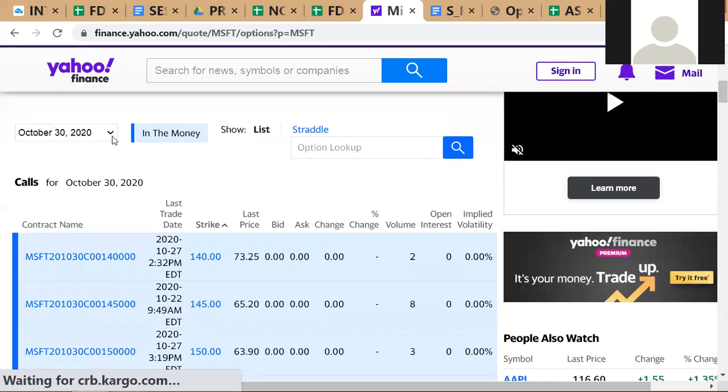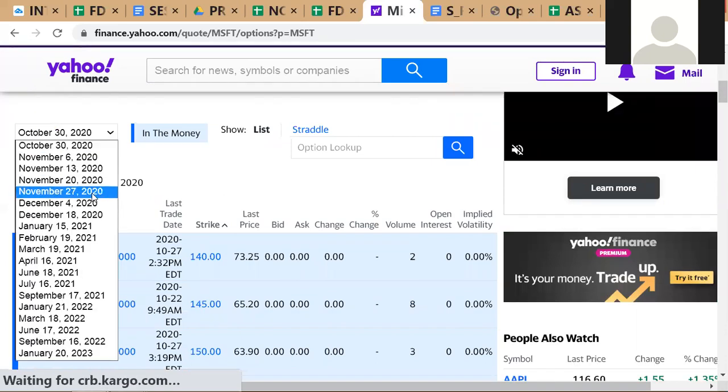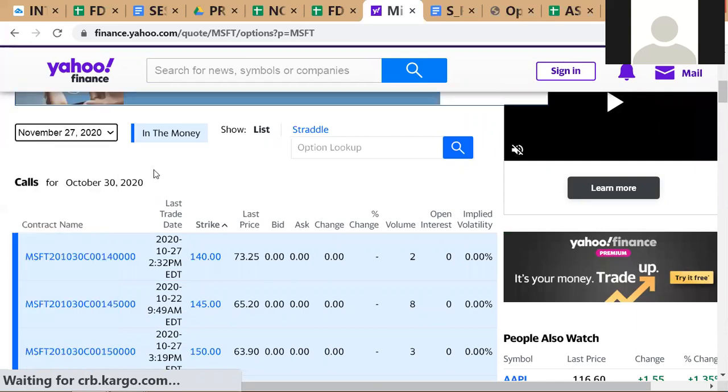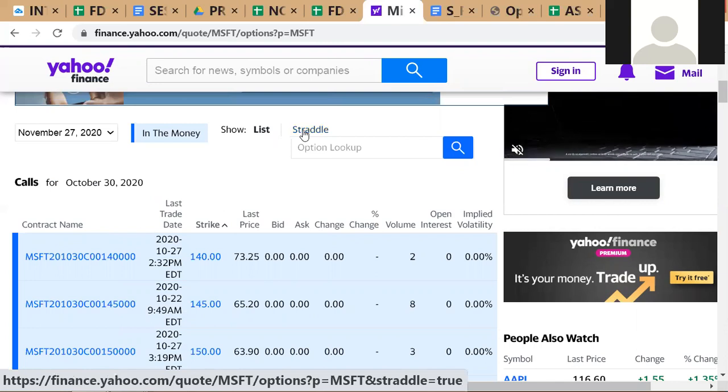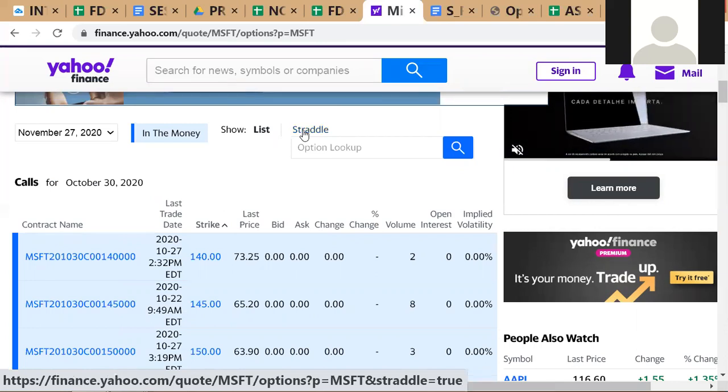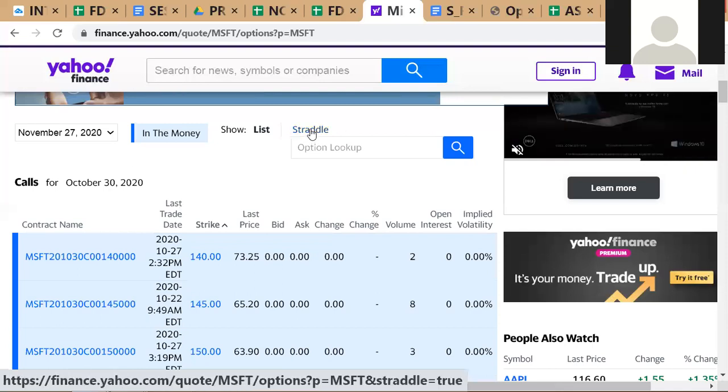And so expiration anytime, and we'll go for straddle view. Expiration anytime. It's not responding to my straddle view.